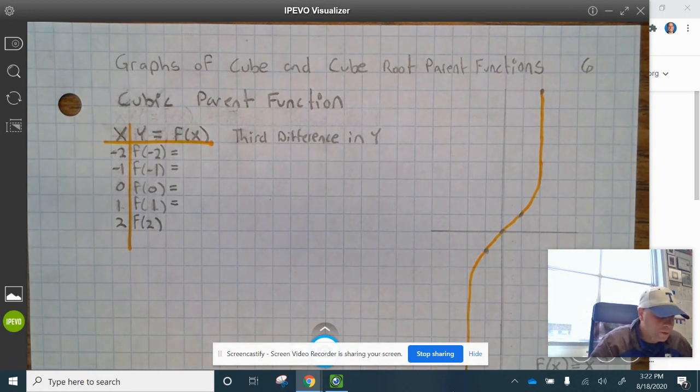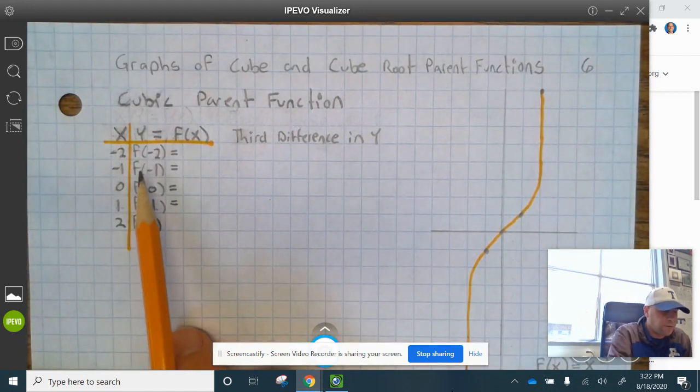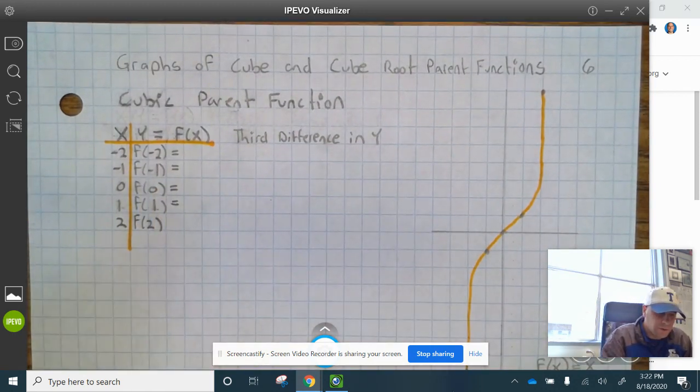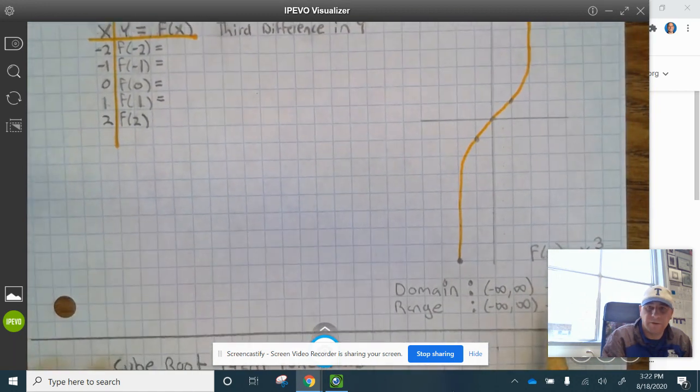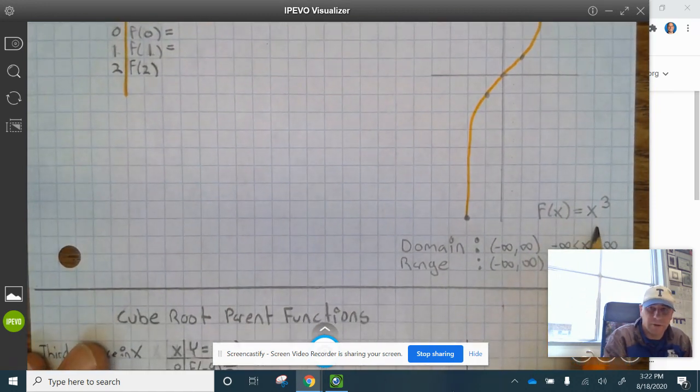Now, when x is -2, f of -2 equals, and we come to here, we know the function is f of x equals x cubed.